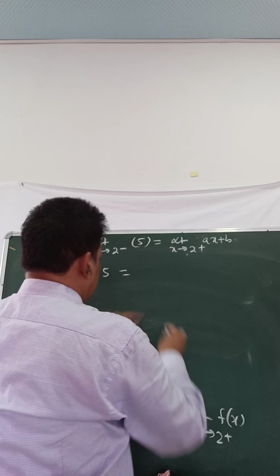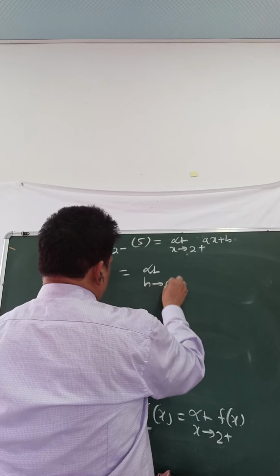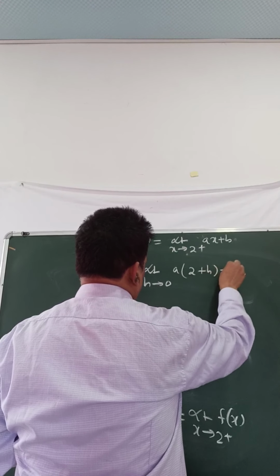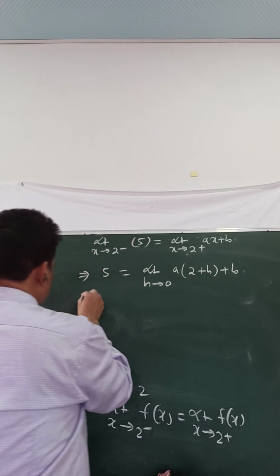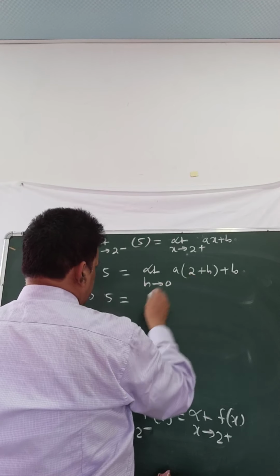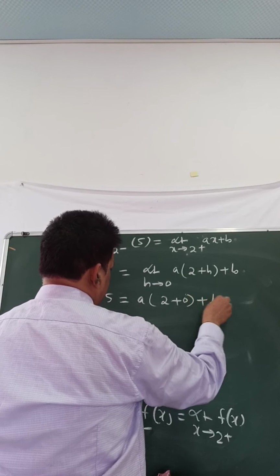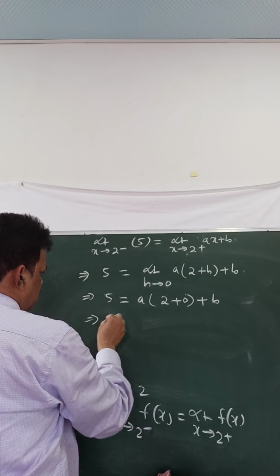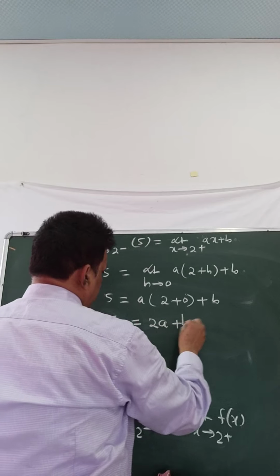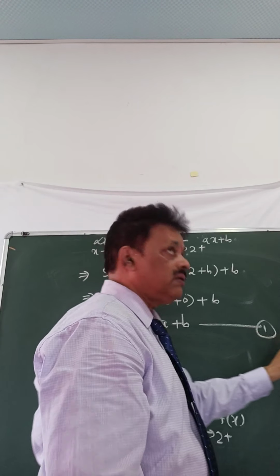Now change the limit. h tends to 0, a times limit 2 plus h plus b implies 5 equals a times 2 plus 0 plus b. This implies 5 equals 2a plus b. You got your first equation.